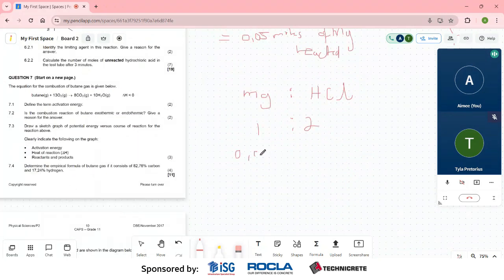So if I had 0.05 moles of Mg, how many moles of HCl reacted? So I cross multiply, and 0.05 multiplied by 2 gives you 0.1 is equal to X. And this is moles of HCl that reacted.